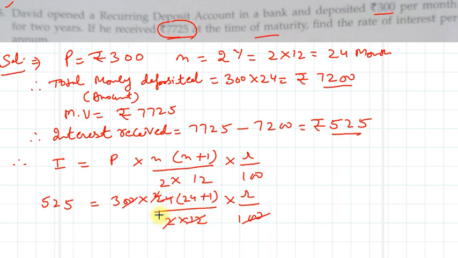These two got cancelled with this. Now it becomes 24 plus 1, 25 into 3 is 75, right? 75 r, right? So r would become 525 upon 75.